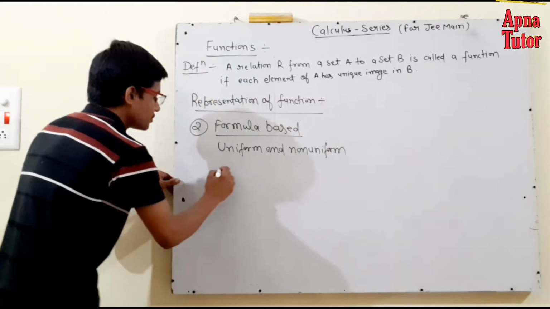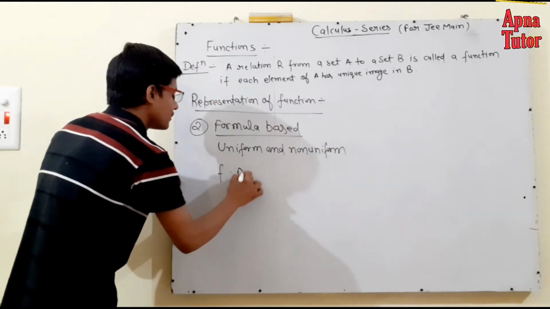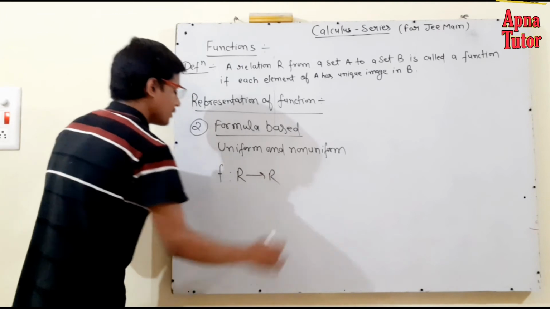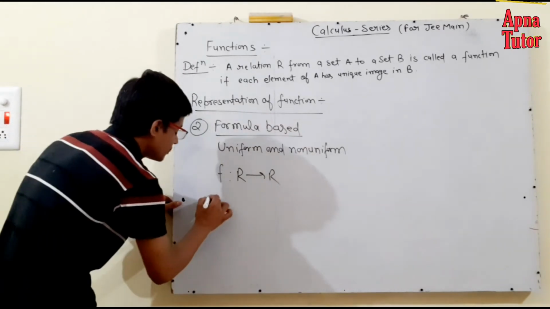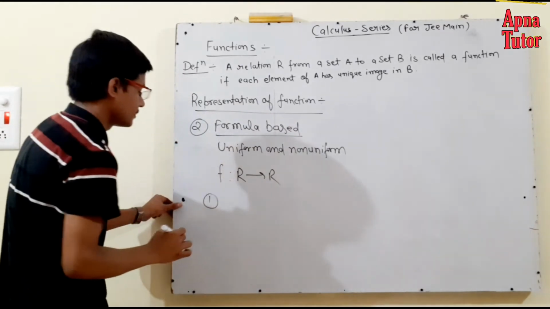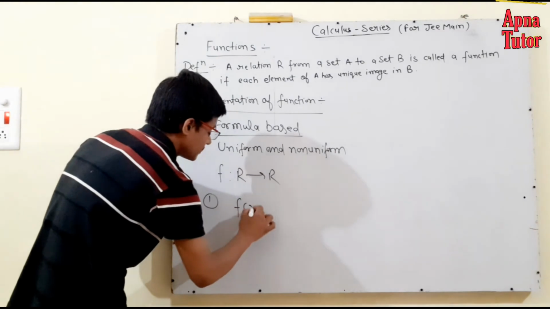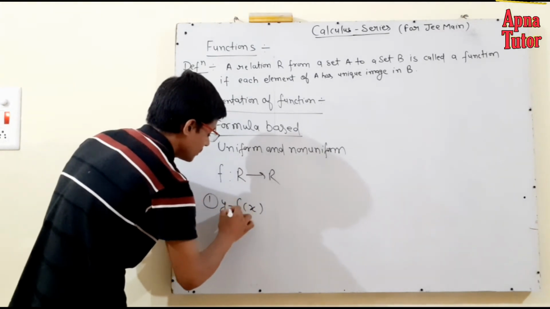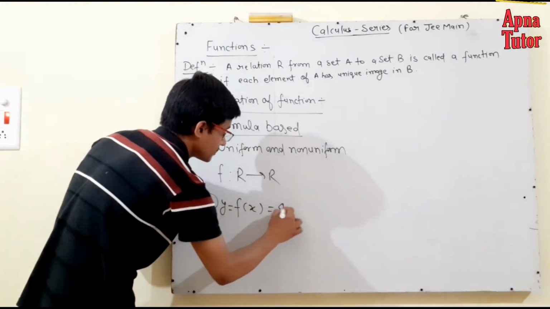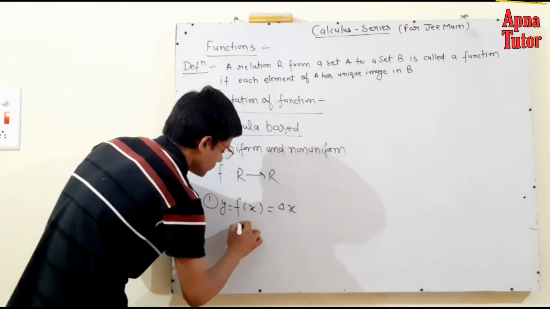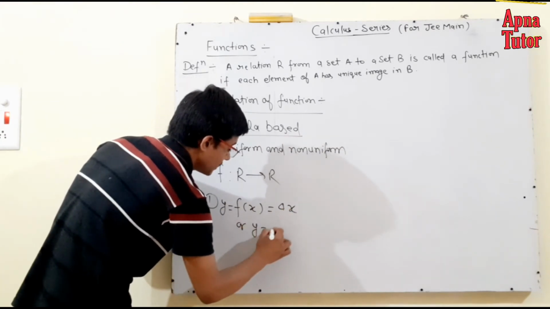Suppose your function is defined from R to R, and you have the first function f of x, which is y equal to f of x equal to 4x, or y equal to x square.